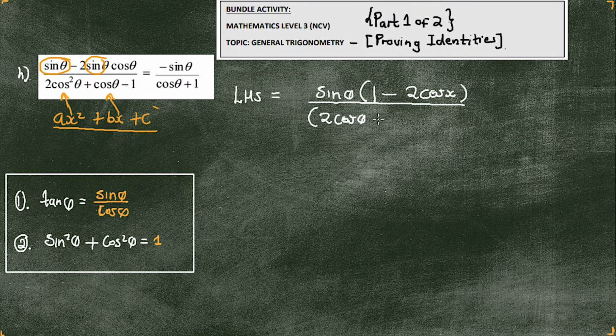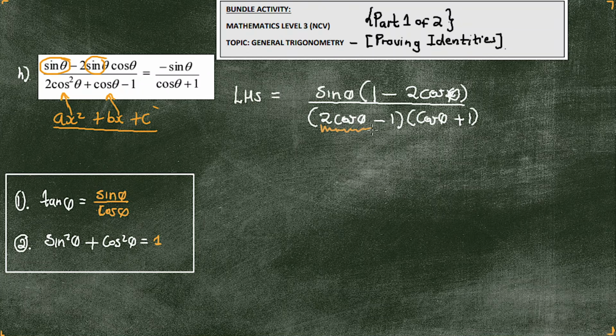Here I'm going to have a 2 cos theta, and then minus 1, and cos theta plus 1, right? I know that.